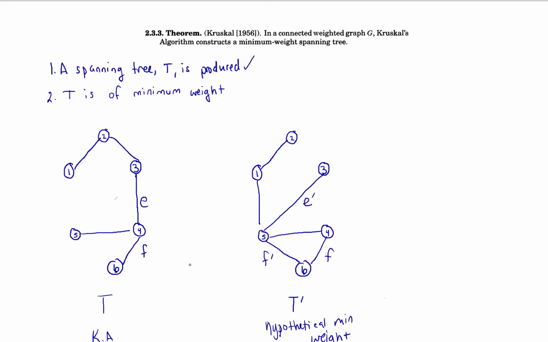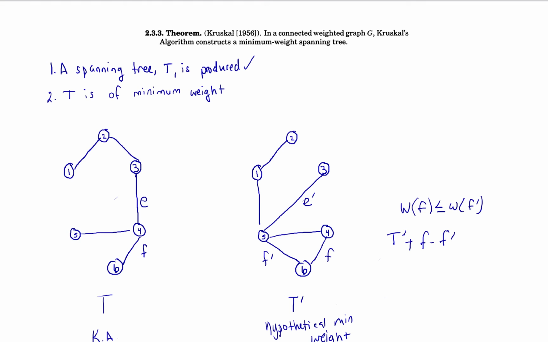Because, however, the algorithm chose originally F instead of F prime, we actually know that the weight of F has to be less than or equal to the weight of F prime. So we can actually permanently move F to T prime, giving us T prime plus F minus F prime.